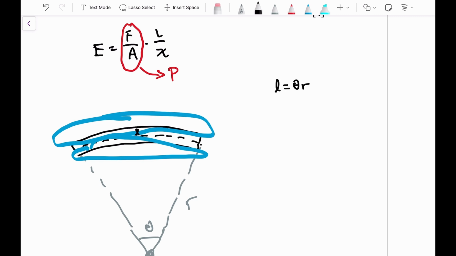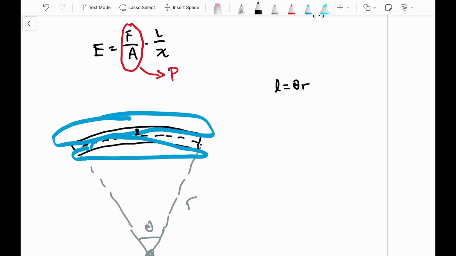So L is equal to theta r. This equation is just the expression of the length L, the initial length of the steel bar, in terms of the angle and R.